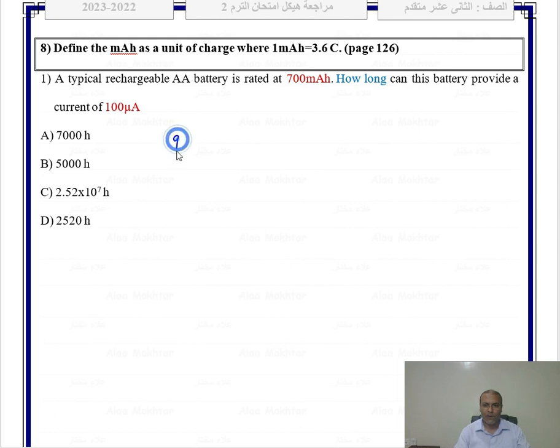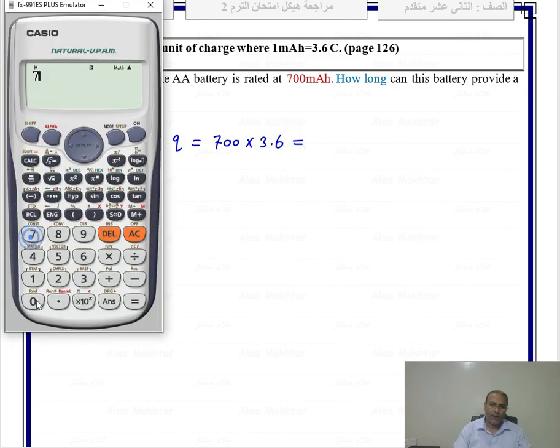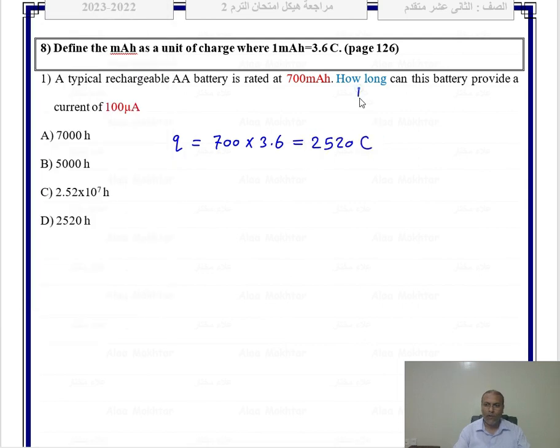It means charge equals 700 times 3.6 to convert it to coulomb, which equals 2520 coulomb. How long? He asked about time. Can this battery provide a current of 100 micro, multiplied by 10 to the negative 6?